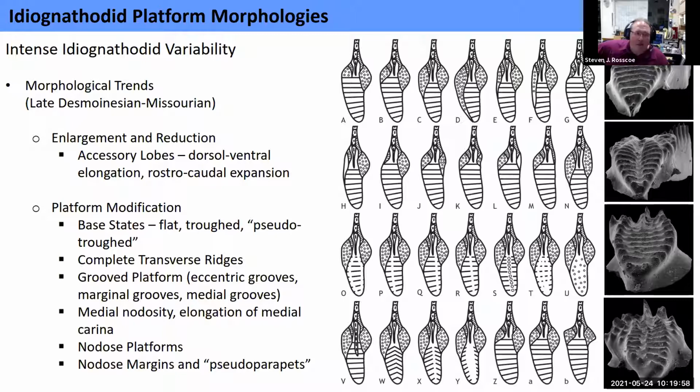We're going to look for things like complete transverse ridges, or grooves, whether they're eccentric, marginal, or medial grooves. We'll look at medial nodosity, maybe an elongation of the medial carina, and then just nodosity in general. Do we see nodose platforms? Do we see nodose margins? And even the formation of pseudo parapets, which is something I've been looking at a lot lately. So next slide.